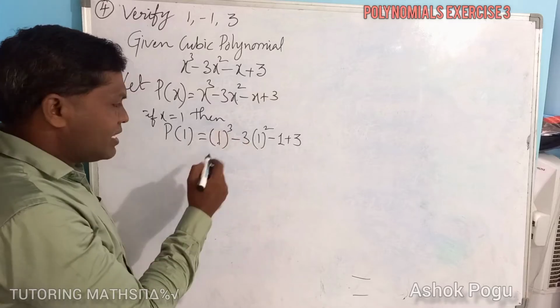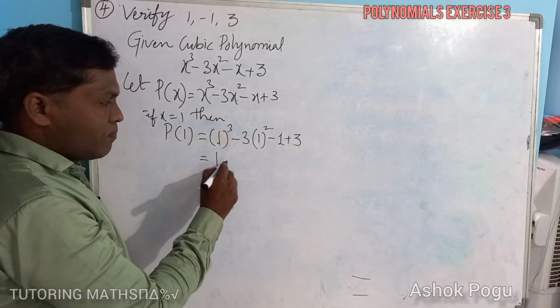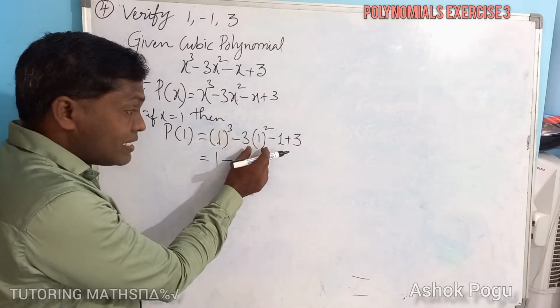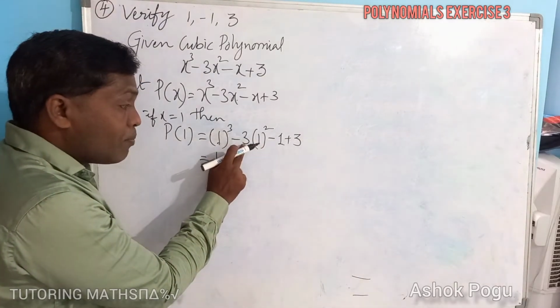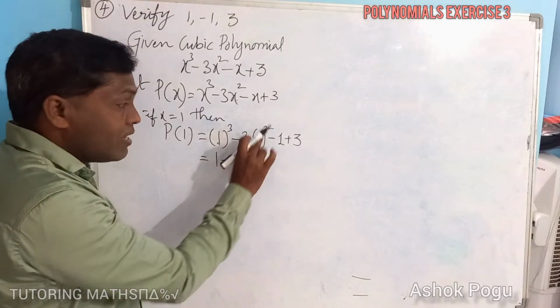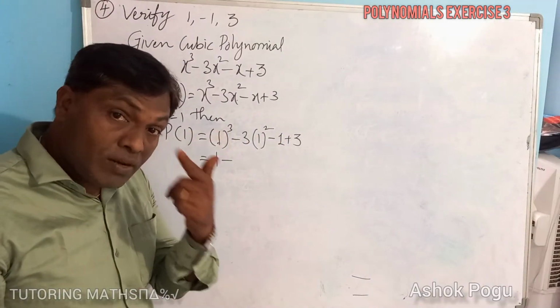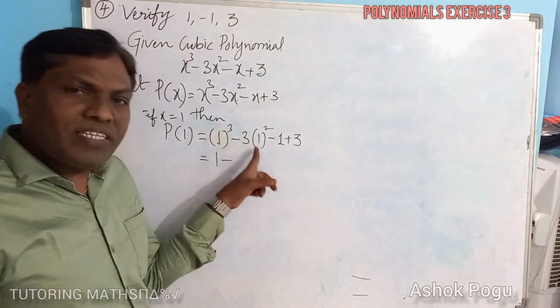To simplify, 1 cube is 1 minus. Whenever you get brackets with a multiple outside of the bracket, first of all you have to simplify the bracket, otherwise you will be confused. First simplify this bracket.